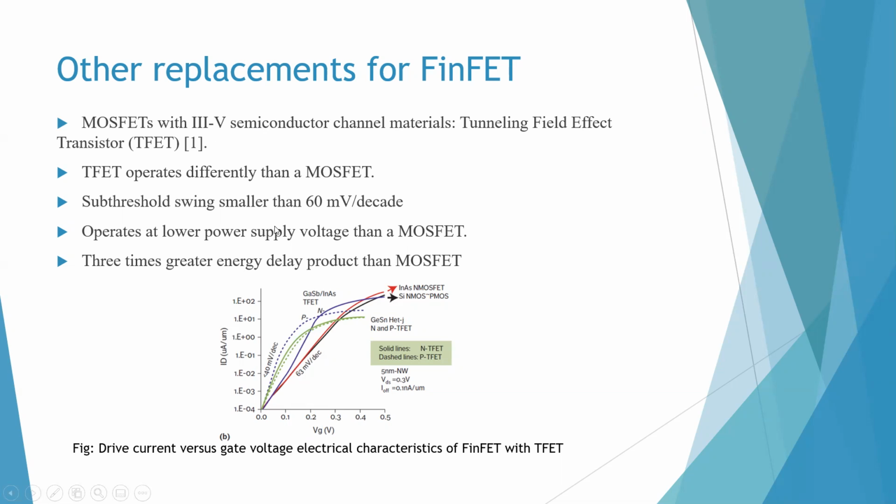The TFET can achieve subthreshold swings smaller than 60 millivolt per decade, resulting in a steeper current turn-on, and can therefore operate at a lower power supply voltage than MOSFETs. It also gives a 3 times greater energy delay product than MOSFETs. From this figure, we can see the drive current versus gate voltage characteristics of FinFET and TFETs.